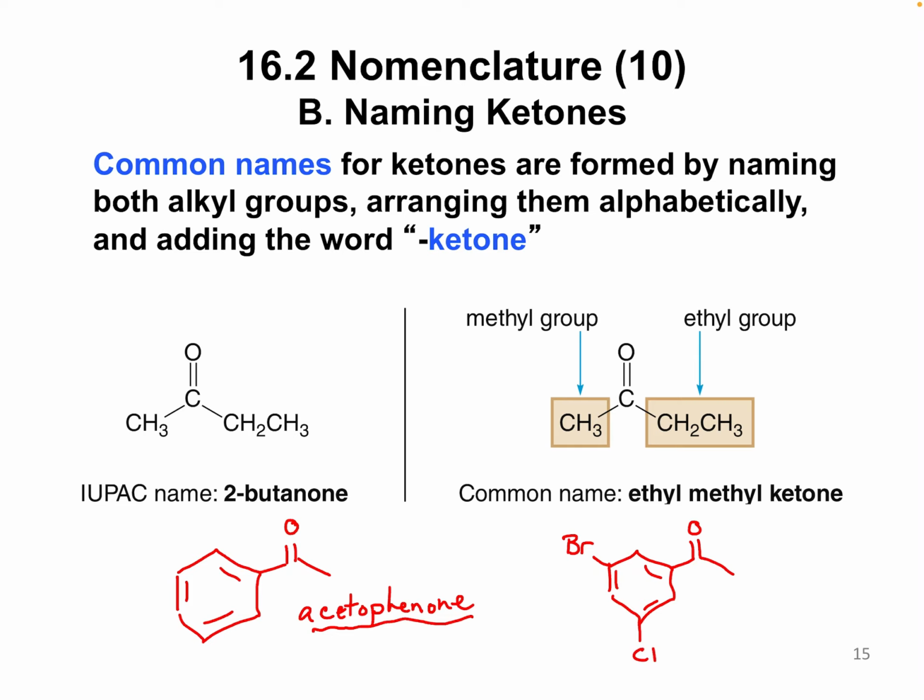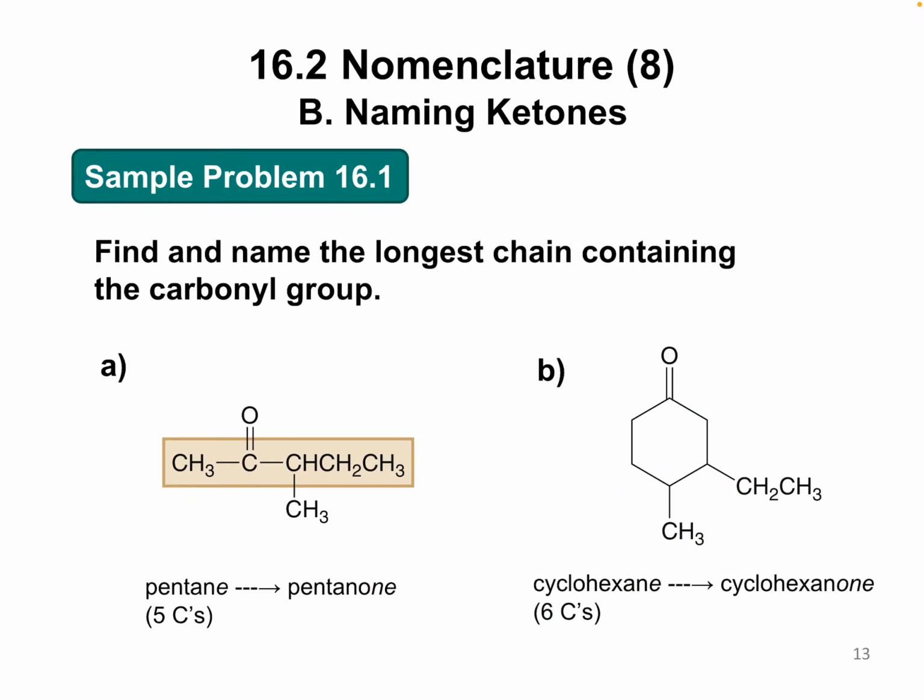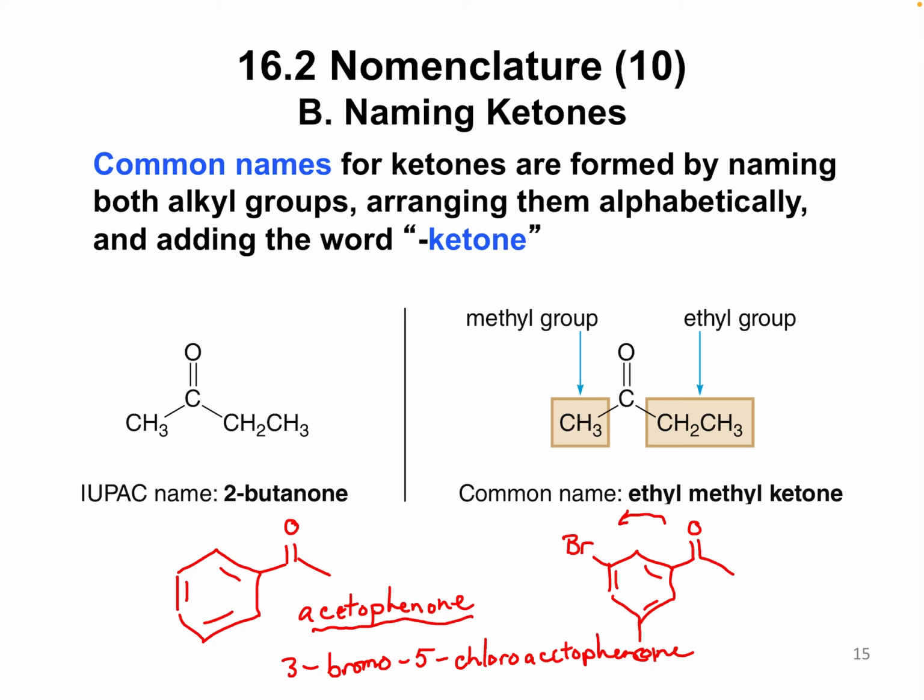So bromine comes before chlorine alphabetically, which is why we should count in this direction. And because of that, I would call this 3-bromo 5-chloro acetophenone. So I just totally destroyed my chlorine in there. So yeah, I would call that thing 3-bromo 5-chloro acetophenone.